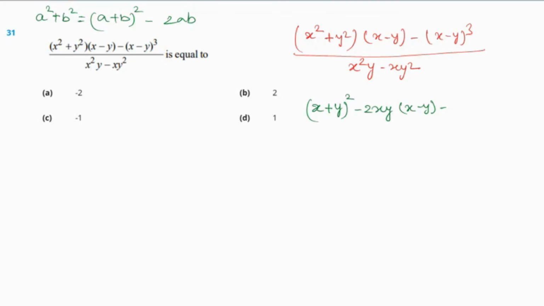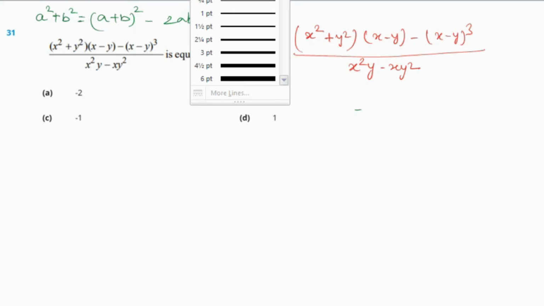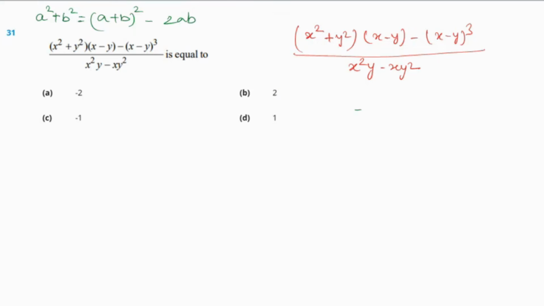Rather than doing it like this, from the entire numerator, we can take x minus y as common. If we take x minus y as common from the entire numerator, then we are left with x square plus y square minus (x minus y) whole square.